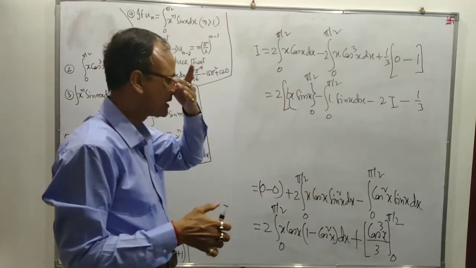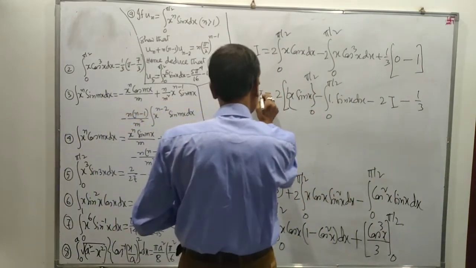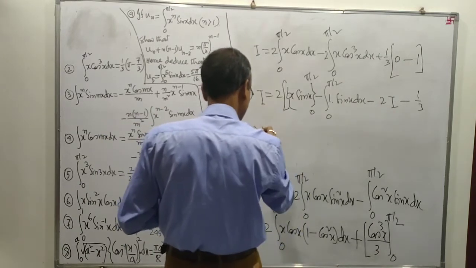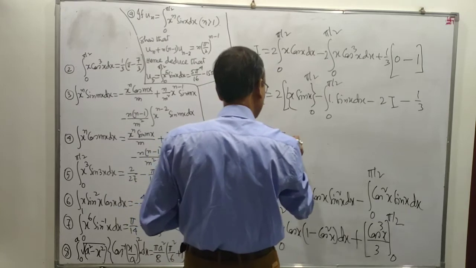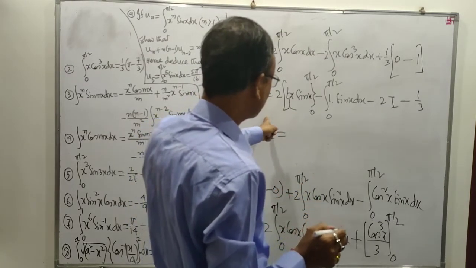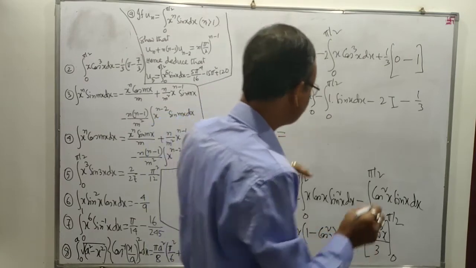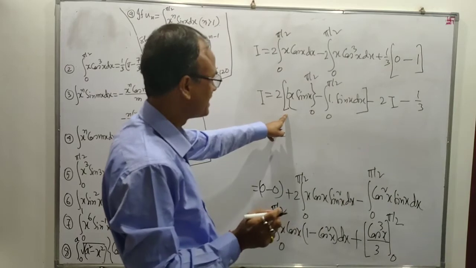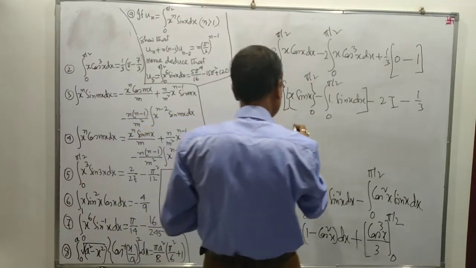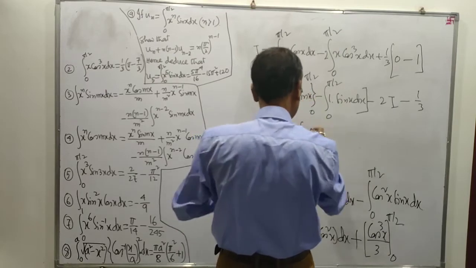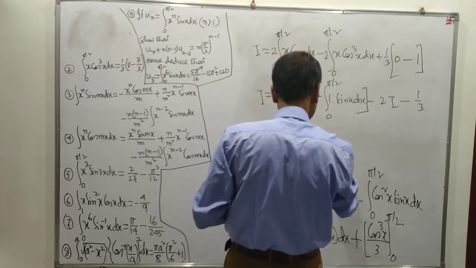Minus 1 by 3. Left side, it is I. This means I plus 2I gives 3I, equal to, the bracket will be closed here, 2 times pi by 2 into 1.